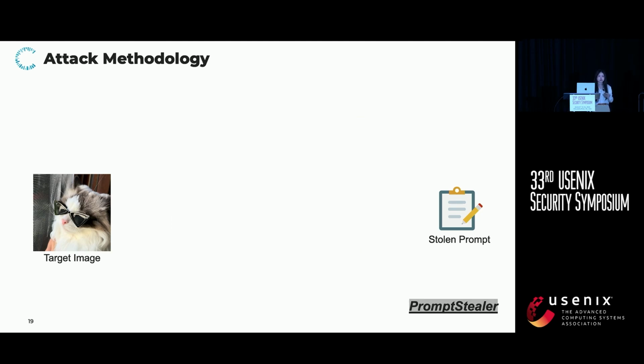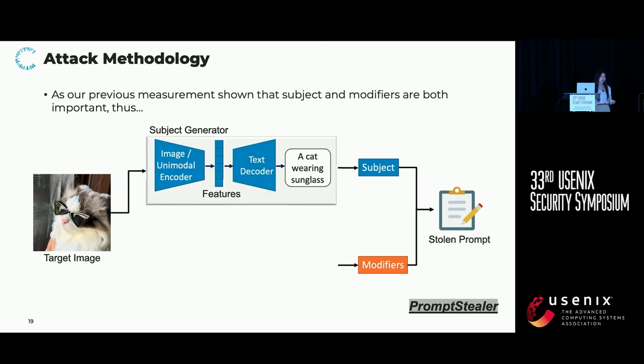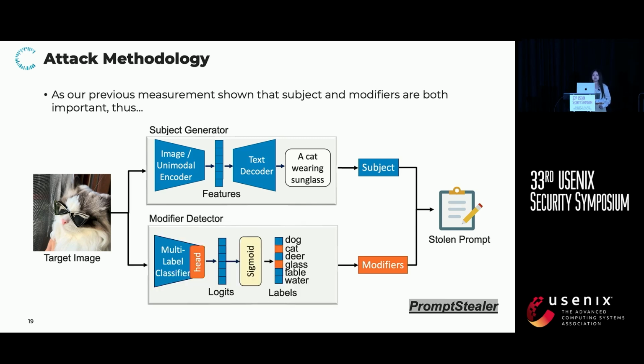So we came up with a new method, which we named PromptStealer. PromptStealer is inspired by our findings in the measurement part, that the subject and the modifiers are both important. So we tend to solve this problem one by one. First, for the subject, we use a subject generator to obtain the subject. And then for the modifiers, we use a modifier detector to predict the modifiers. Basically, it's a multi-label classifier.